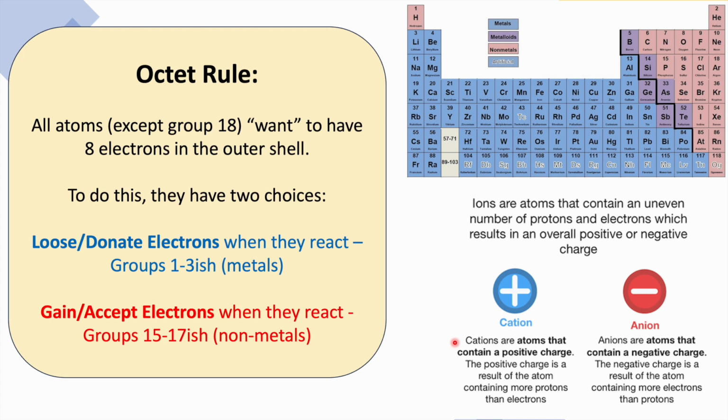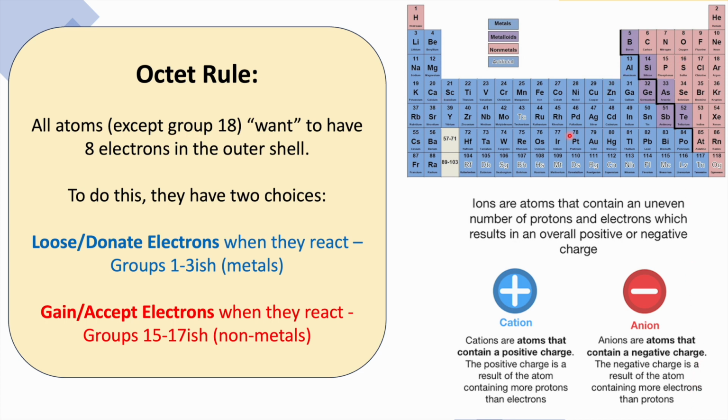Cations are atoms that contain a positive charge. The positive charge is a result of the atom containing more protons than electrons, and that's because it's lost electrons. Anions are the opposite. They're atoms that contain a negative charge, resulting from the atom containing more electrons than protons, and that's because they've gained electrons.